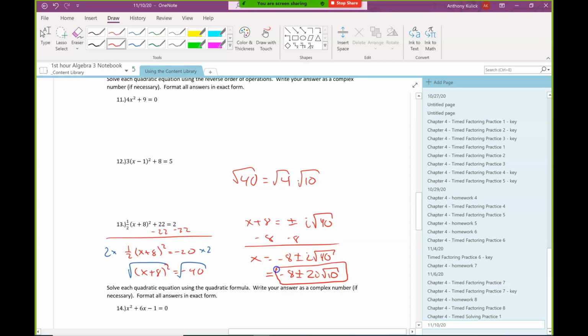I wouldn't mark you down, though, if you didn't do that last piece of simplification. But if you were doing a multiple choice test like the ACT or something, I think this would be how they would format the answer, as opposed to the -8 plus or minus i root 40.